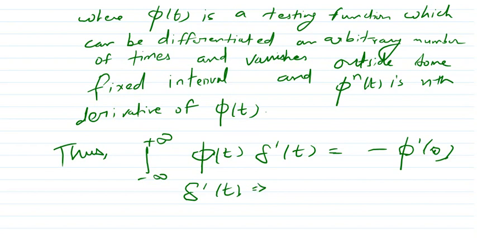It is nothing but the derivative of delta(t) with respect to t. And what is phi dash(0)? Phi dash(0) is d phi divided by dt, with t equal to 0.